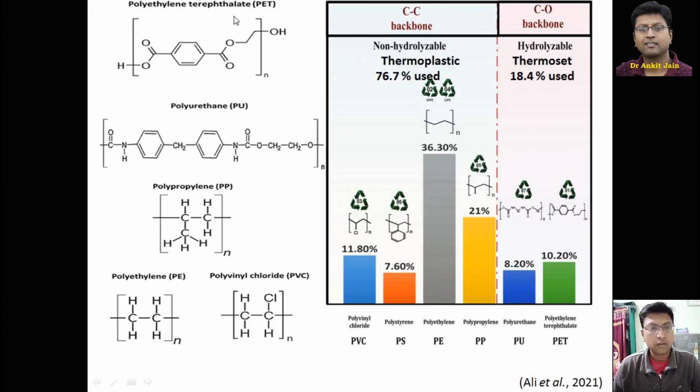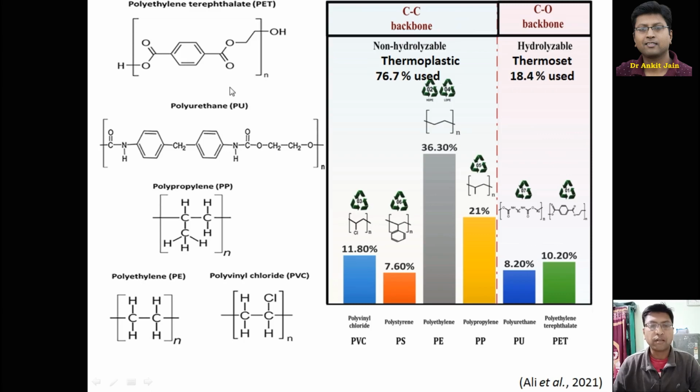Due to the complex structure of different plastics, polyethylene has 36.3%, the highest percentage in use, while the others are on the lower side, like polystyrene, which is very little used, 7.6%.